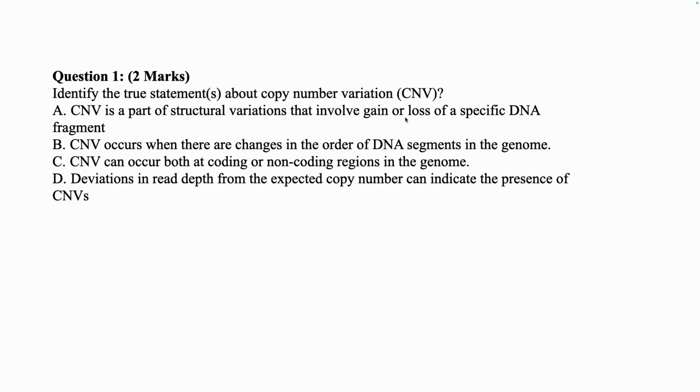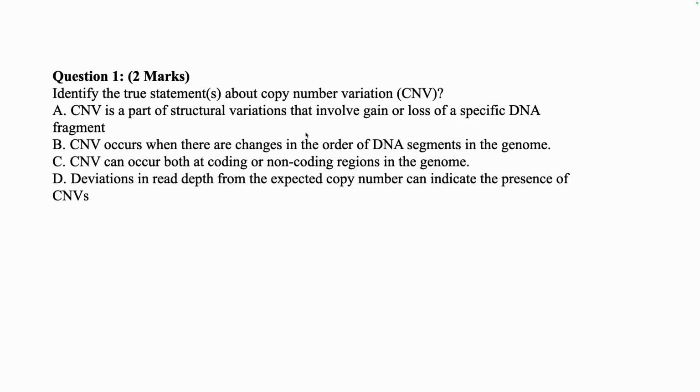So the B option states that CNV occurs where there is a change in the order of DNA segments in the genome. For copy number variation, we are quantifying the gene. We are not saying whether the segment has changed its orientation. These are other structural variants. They are not involved in the copy number variation.